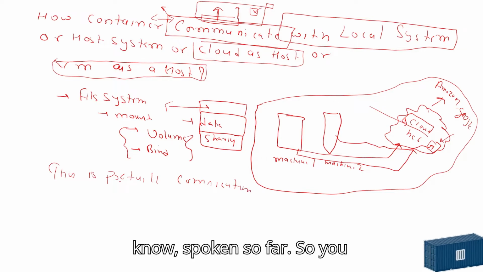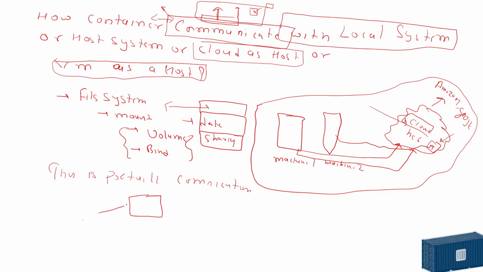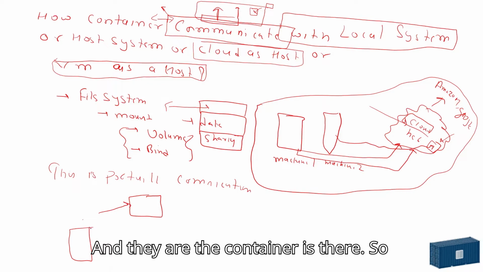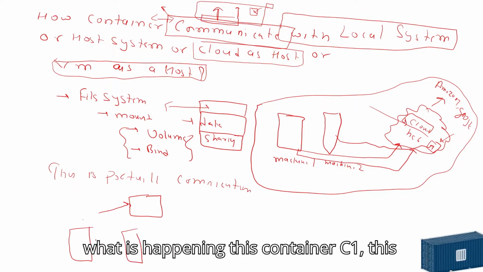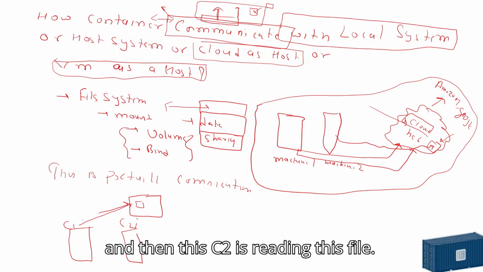So you see, the data is there in some machine here, and the containers are there. This container C1 is updating a file here, and then C2 is reading this file.